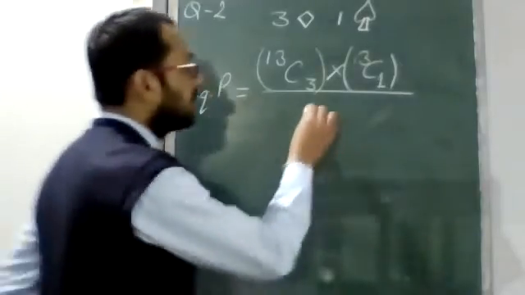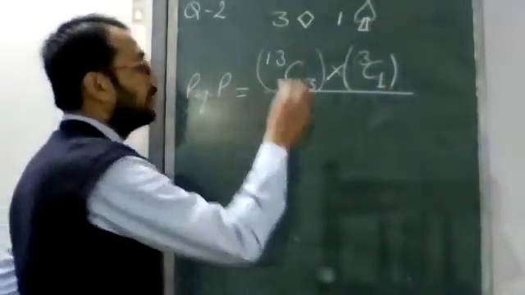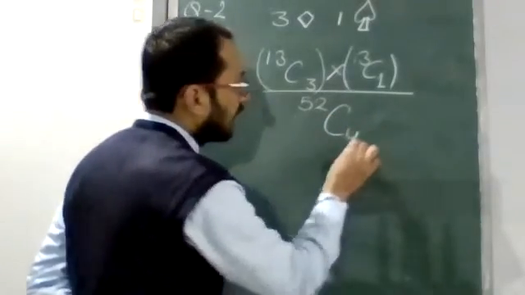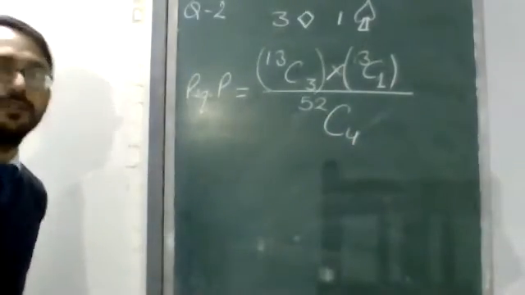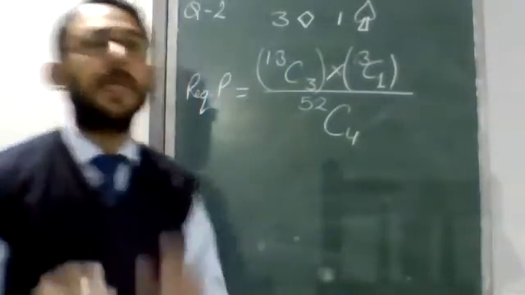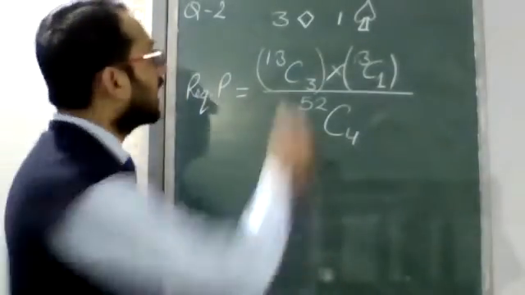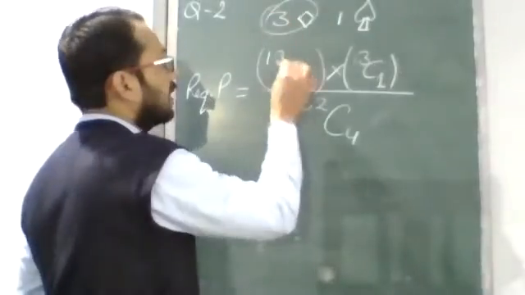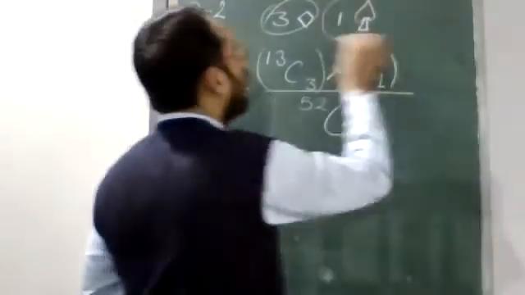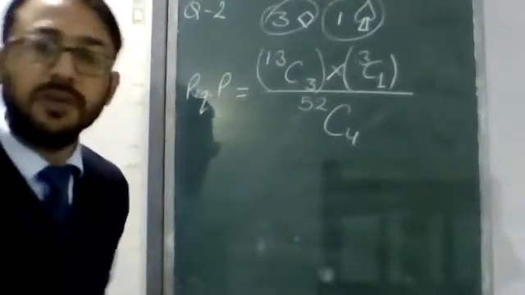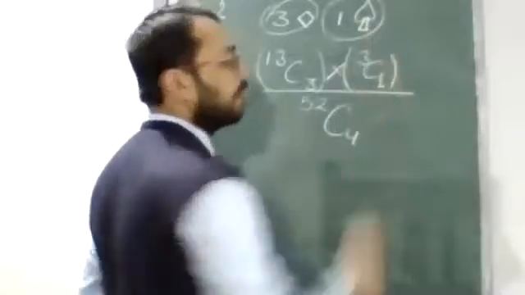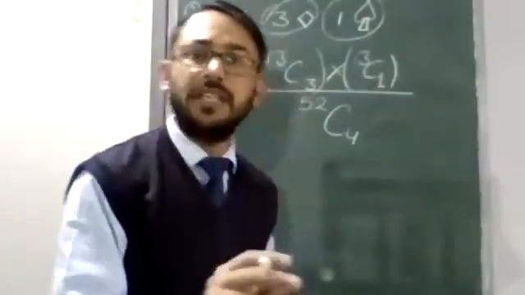Now, the total condition means we need to go for 52 cards. Out of 52 cards, we need to take out 4 cards. Try to think again. Out of 13 diamonds, we need to take out 3 diamonds, and out of 13 spades, I want to take out only 1 spade.